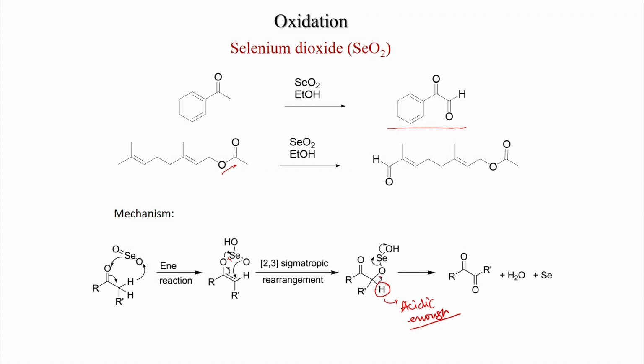Earlier, with the allylic alcohol generation, only this bond breaks, but here this hydrogen is acidic enough that rearrangement happens, the carbonyl is generated and you get H2O and selenium. Instead of AcOH, here selenium 0 is formed. In the allylic oxidation we saw AcOH forming, but here selenium 0 is forming.